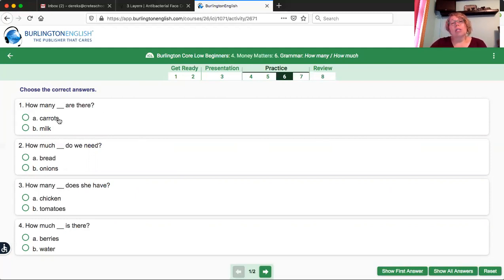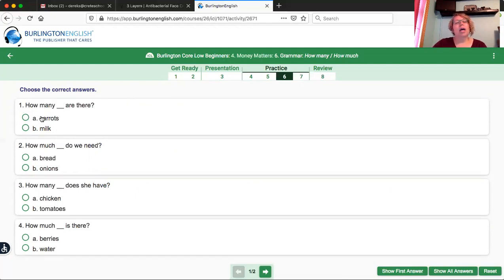All right, now we're going to look at which is the correct word for our sentence. How do we know it is correct? We know because of the question word. So for example, we have carrots and milk in number 1. Carrots are a counting word. Contar, carrots? Yes. Milk? No counting.